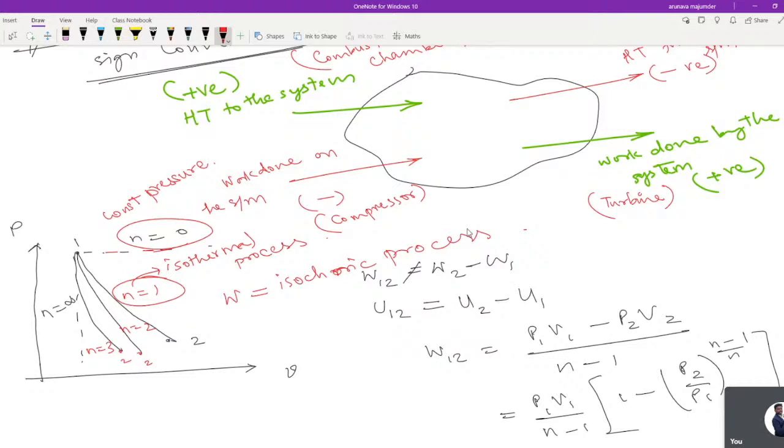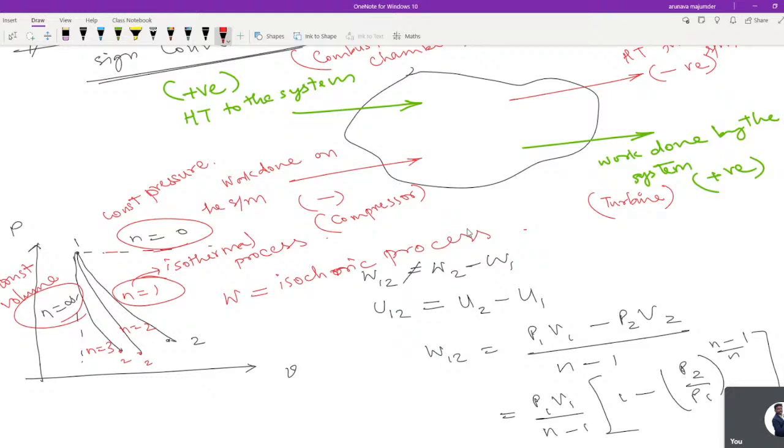And n equals infinity is for the constant volume process. Just remember these basic things and remember this graph.